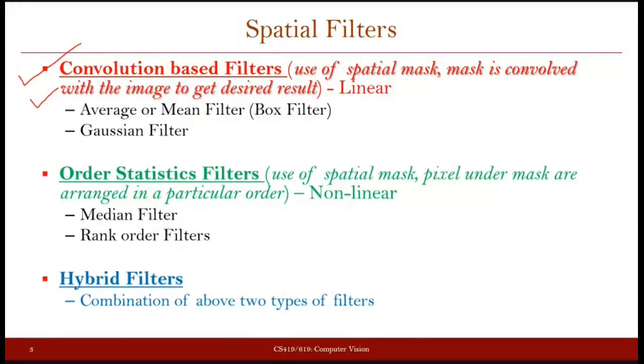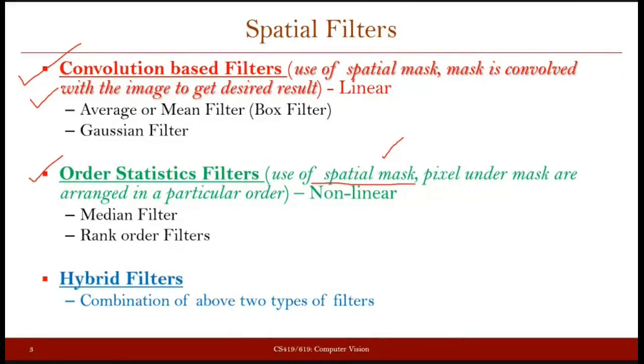In the case of order statistics based filters, here also we are going to consider a mask. That means we are going to consider a neighborhood, but from the neighborhood pixels, we are not going to get a new intensity for the central pixel by taking the weighted combination. We'll see that we will adopt a different kind of mechanism here to get the new value for the central pixel, where you are basically doing the filtering.